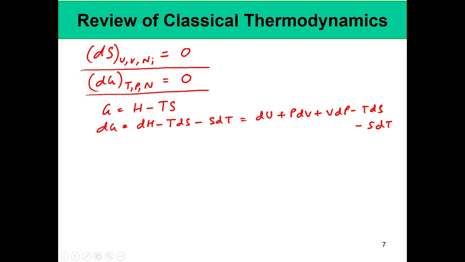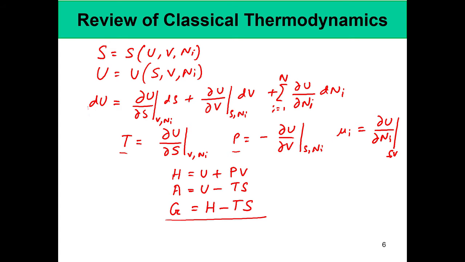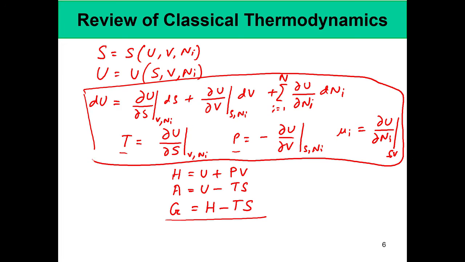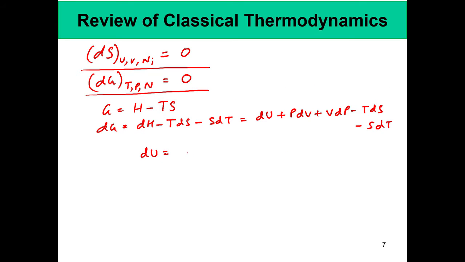Now, let us go back to what we defined U as. We defined dU is equal to TdS minus PdV plus the summation i equal to 1 to n of mu i dNi. This is what we obtained.